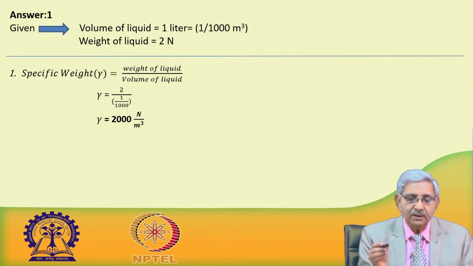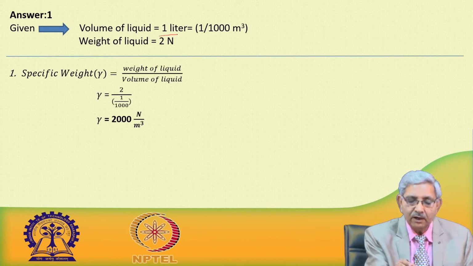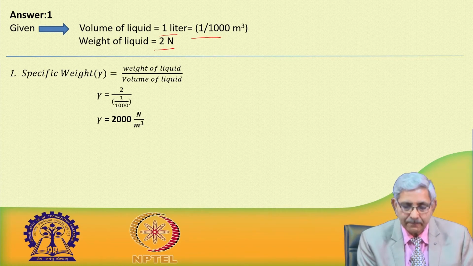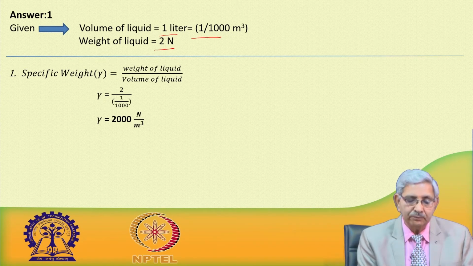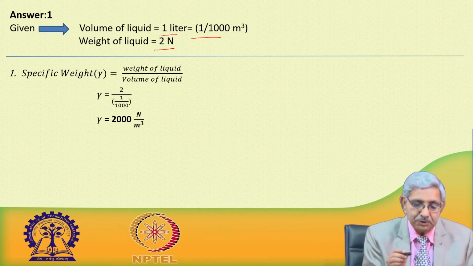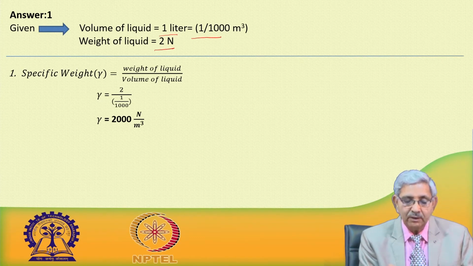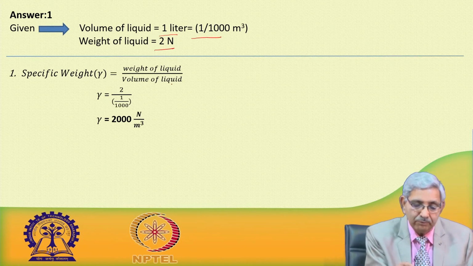So, 1 liter of liquid has a weight of 2 Newton, and 1 liter is 1 into 10 to the power minus 3 cubic meter volume. Now, if you want to find the specific weight of this liquid, we will take the weight of this liquid divided by the volume of liquid.